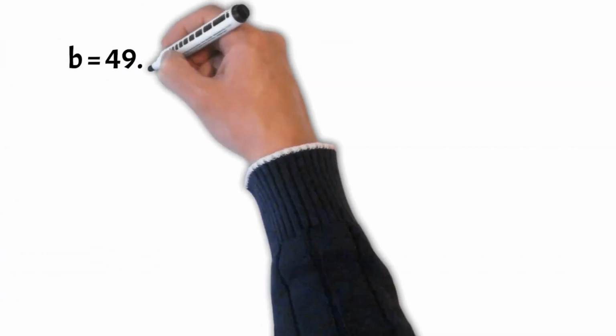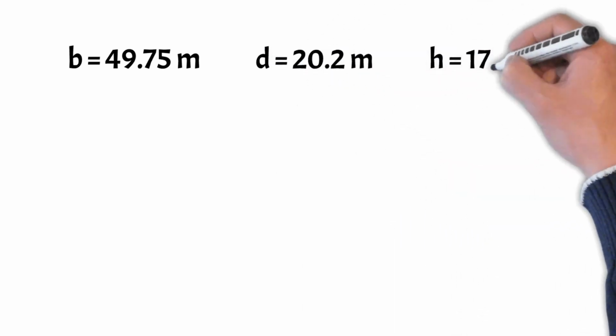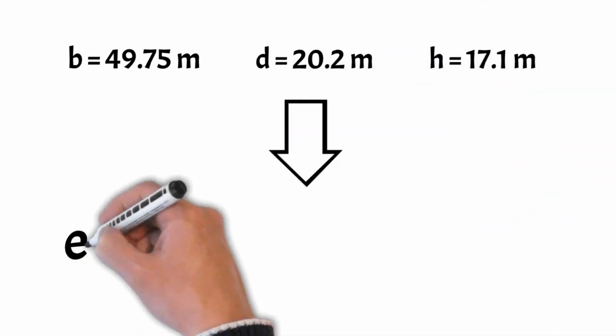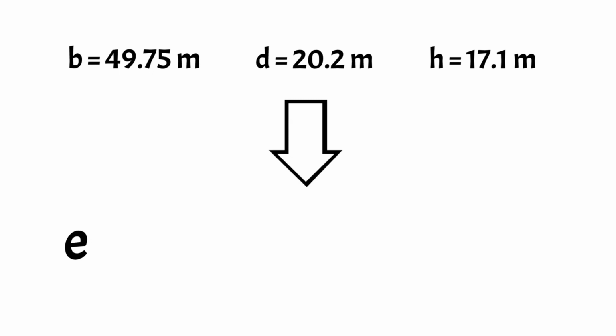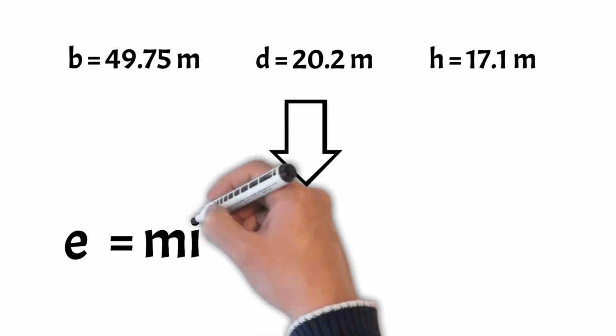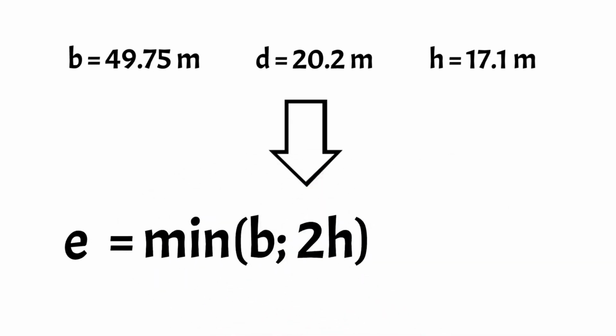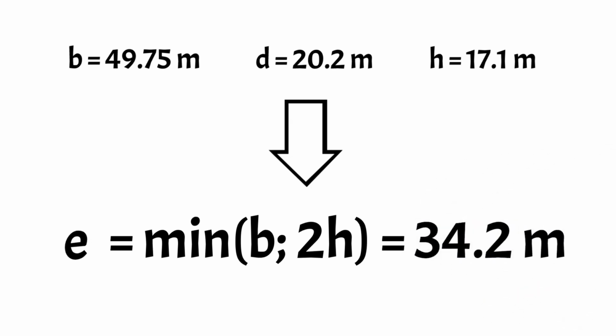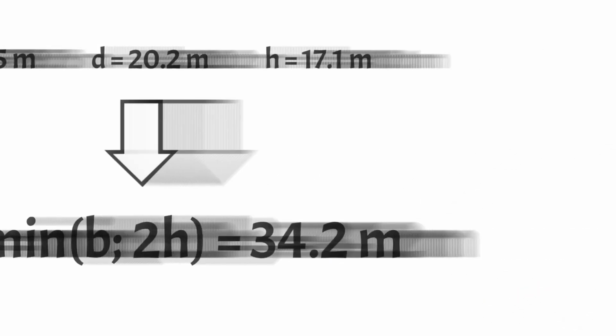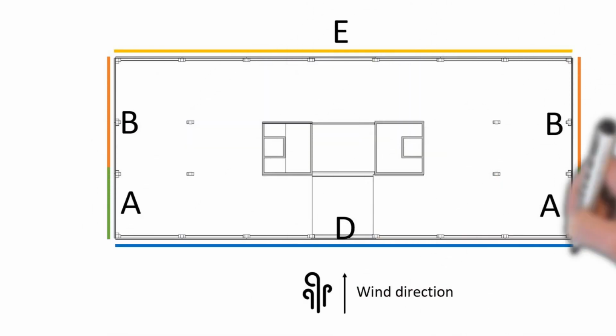From those dimensions, we can now define E, which determines the width of areas A and B. And E is calculated as the minimum of B and 2 times H. If we put in the values of those parameters, then E equals 34.4 meters.